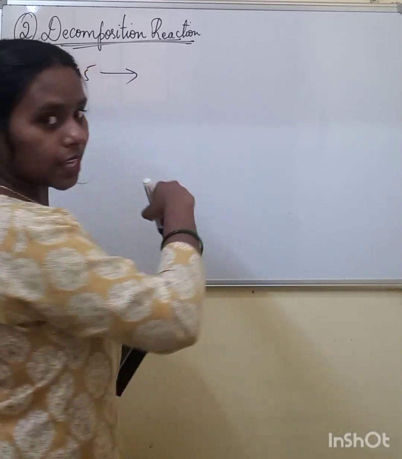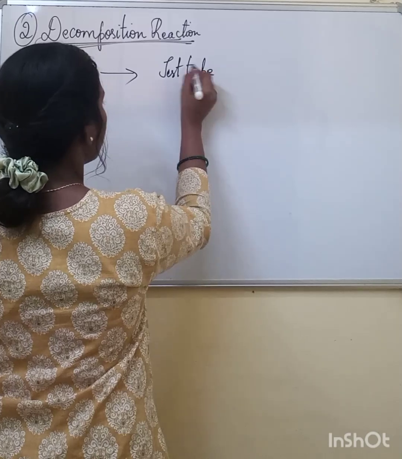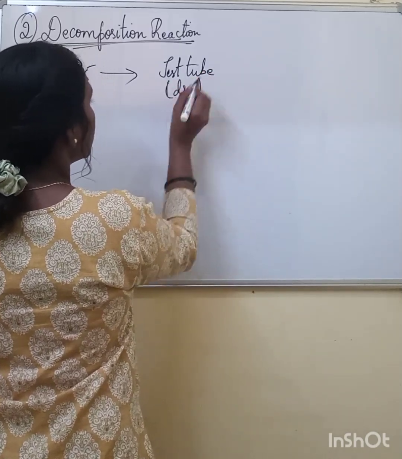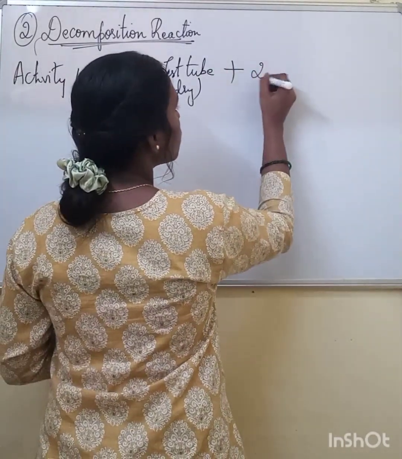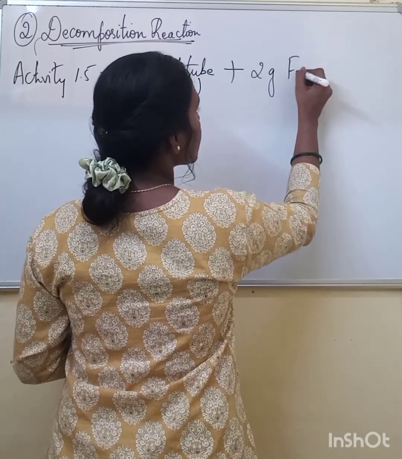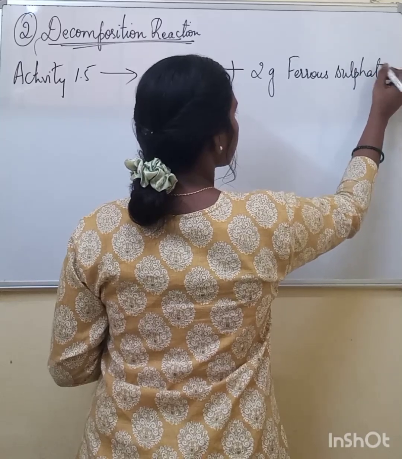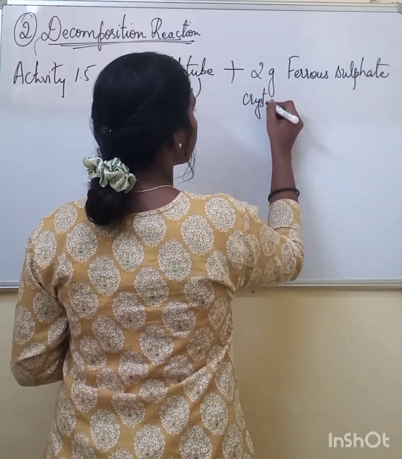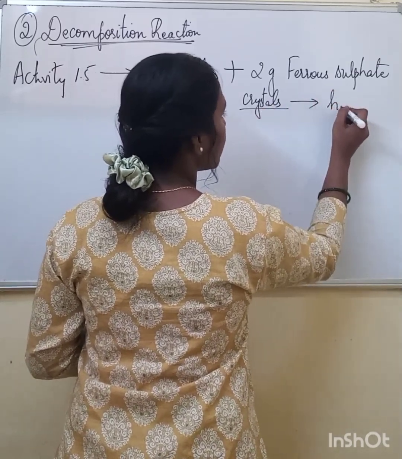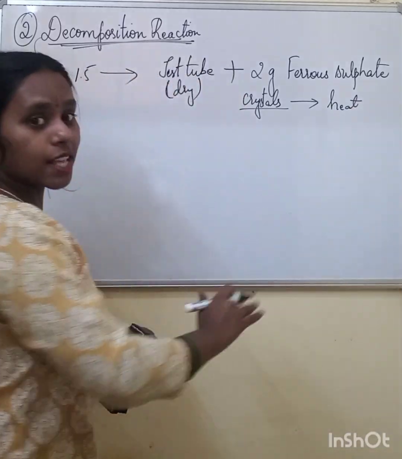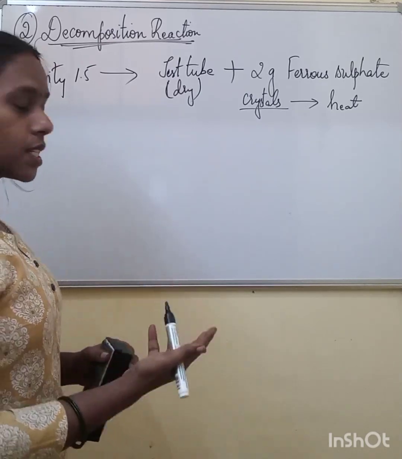In that experiment it says that take a dry test tube and add 2 grams of ferrous sulfate crystals. After adding ferrous sulfate crystals, you are supposed to heat it. And they are saying that there are some changes happening, and let us look what are the changes happening, for what reason it is happening.